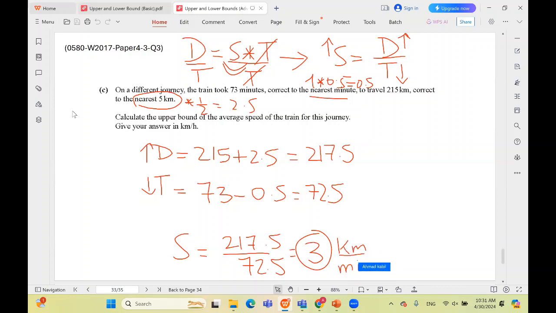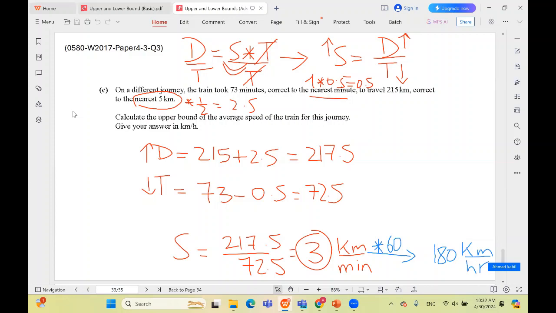We want the speed in kilometers per hour. So to get 1 hour, it's 60 times this number, because in 1 minute they cover 3 kilometers, so in 1 hour they would cover 60 times that amount. So the final answer would be 180 kilometers per hour.